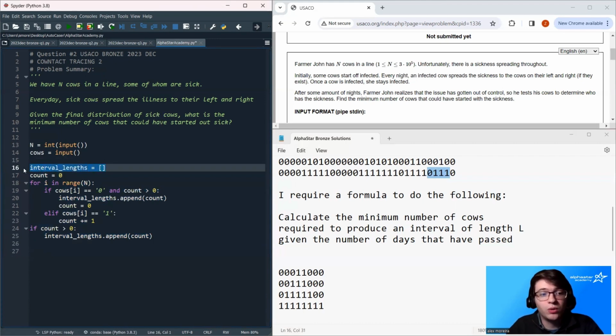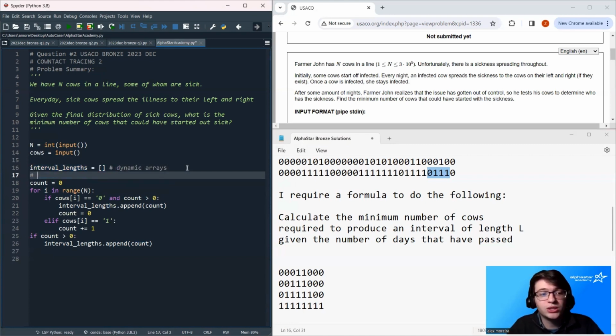The one thing you do want to watch out for is I'm using dynamic arrays. These are default in Python. If you're in C++, you will want to use vectors. If you are in Java, you will want to use array lists. So these are just arrays that can grow and shrink depending on the number of inputs you want to provide to them, right?